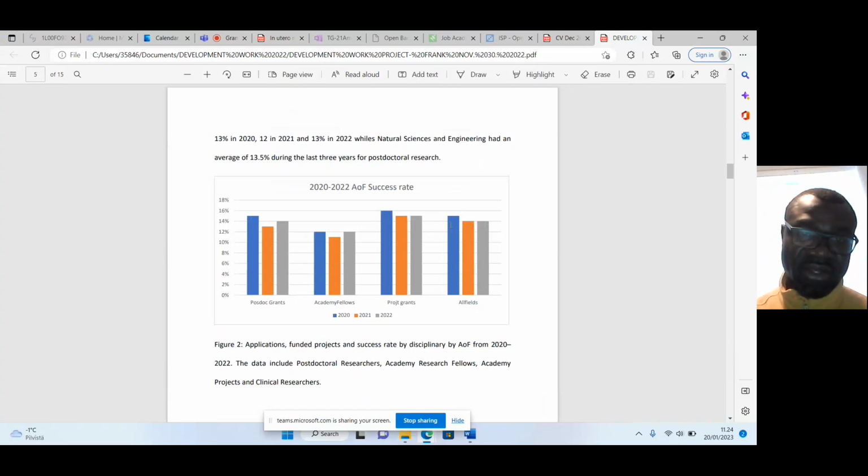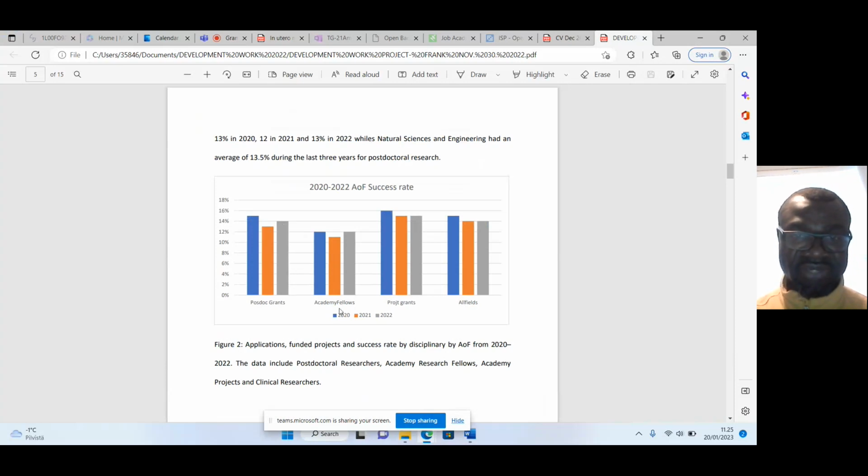Here, the postdoctoral research grants success rate has been between 13 and 15 percent for 3 consecutive years. That is, 2020 was higher, around 15. Then 2021, it came to 13. And 2022, it went back to 14, a bit of an increase there. That is for postdoctoral grants.